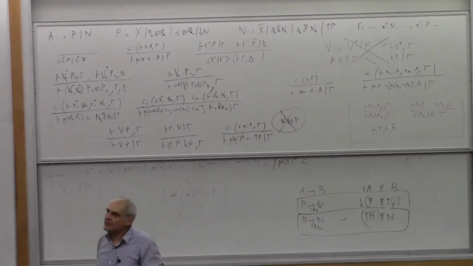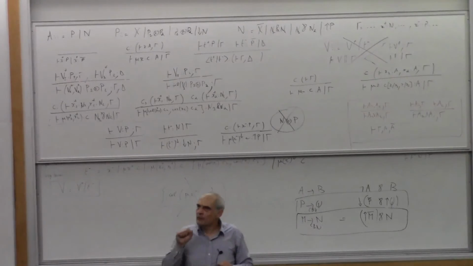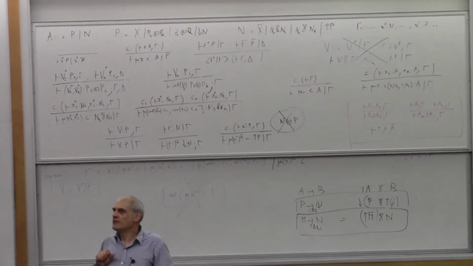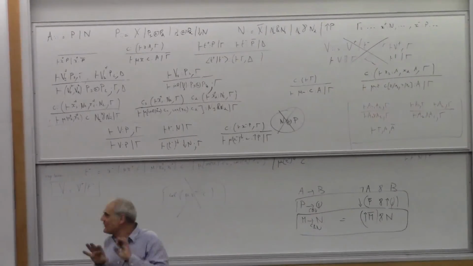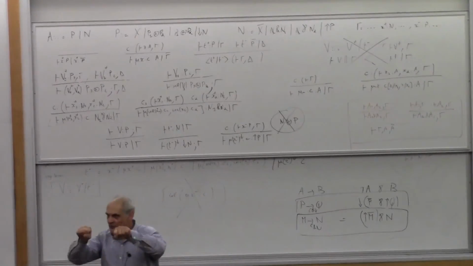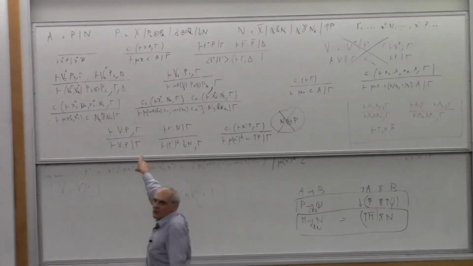But suppose that it were not self-dual. This is, for example, the case of Levy's call by push value, which has different categories like this, and they are not dual to each other. Then it appears as a sublanguage of this.